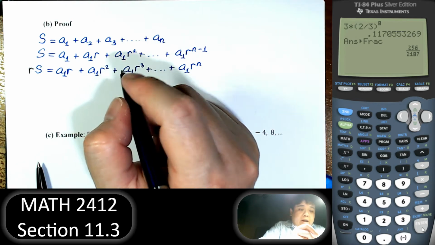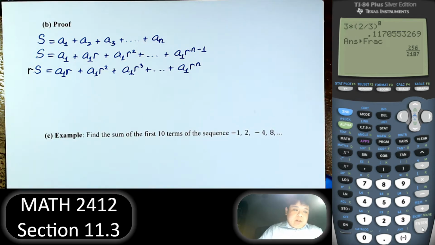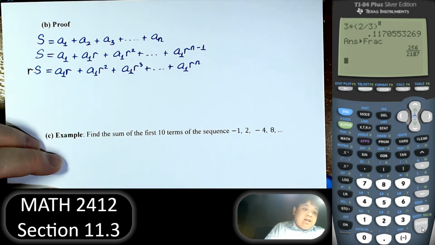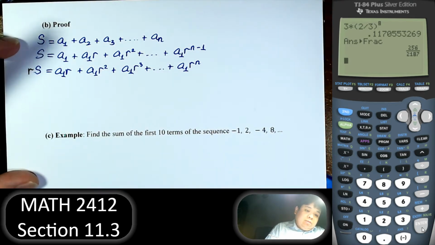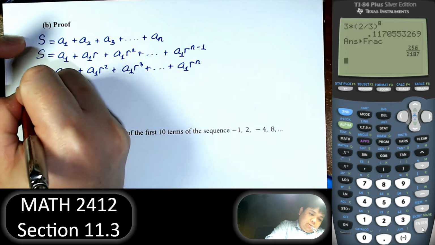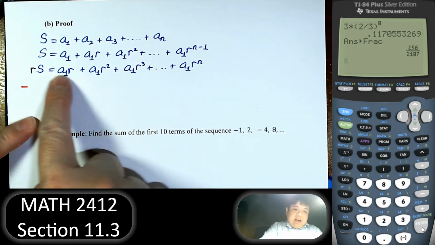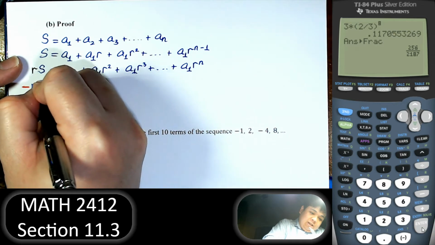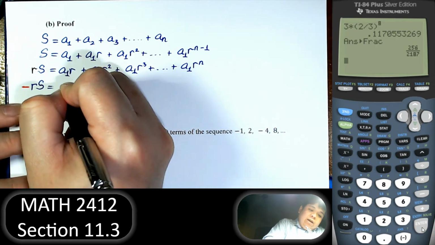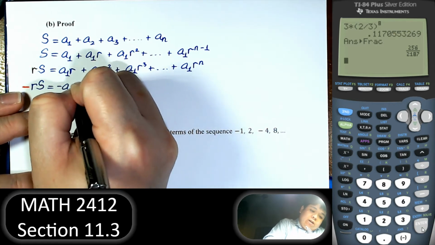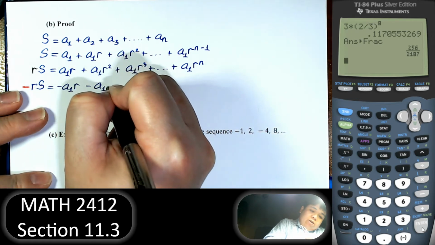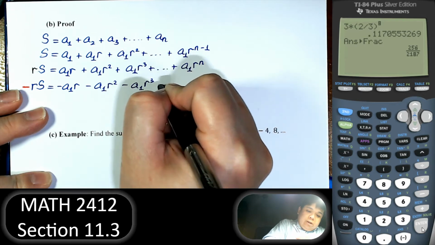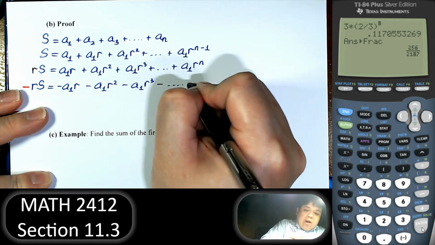Now, next, we throw the negative in front of that, which negates everything we have here. And we have negative a1 r, negative a1 r squared, negative a1 r cubed. All of them are negative.